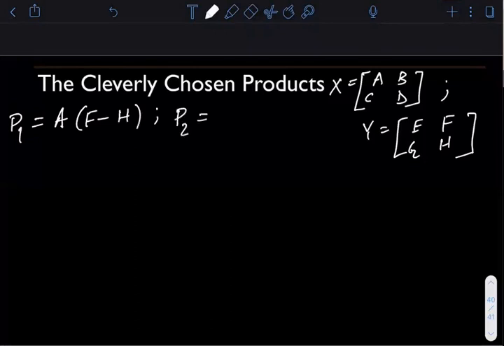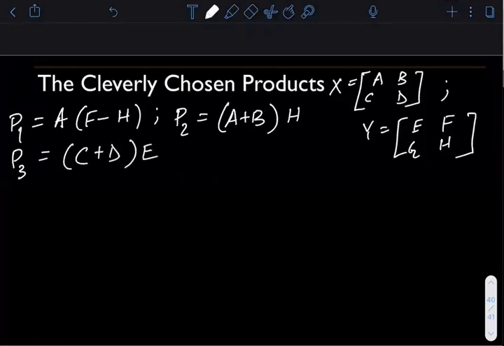Product 2 is going to be (A plus B) times H. Product 3 is going to be (C plus D) times E. Product 4 is D times (G minus E).